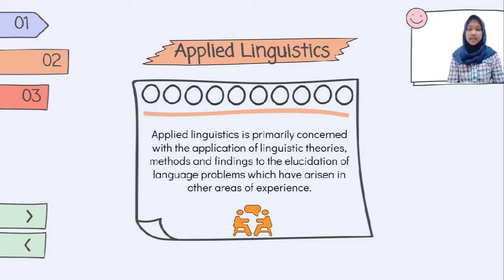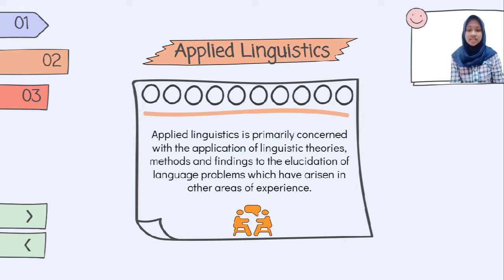The term applied linguistics refers to a broad range of activities which involve solving some language-related problem or addressing some language-related concern. It appears as though applied linguistics, at least in North America, was first officially recognized as an independent course at the University of Michigan in 1946.